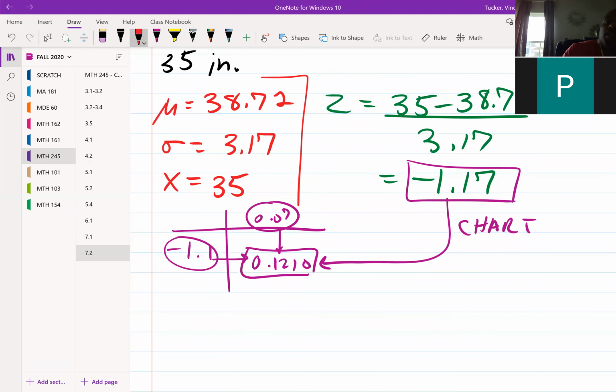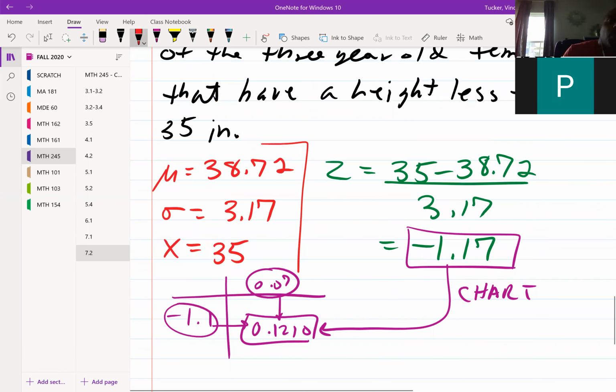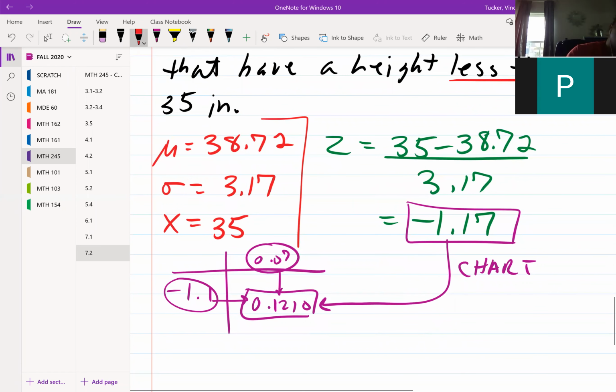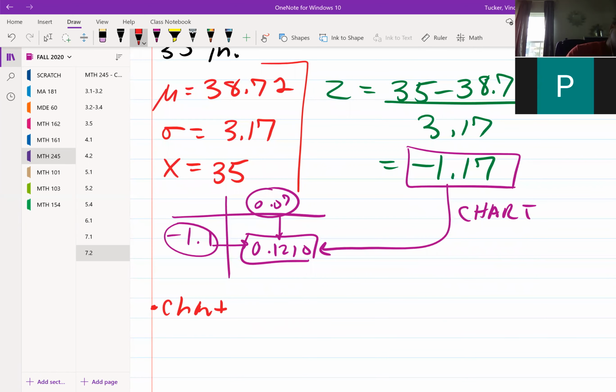All right. So now we go back to our problem, make sure we're actually going to answer the question when we give the value that we give. The problem wants less than. And remember the chart always gives less than. So if your problem asks for less than, lower than, below, shorter, those are going to be keywords.